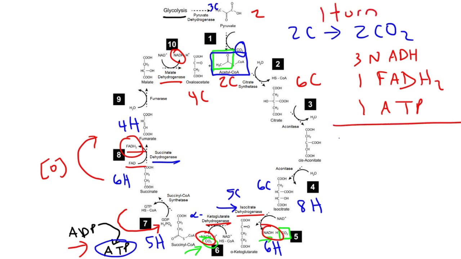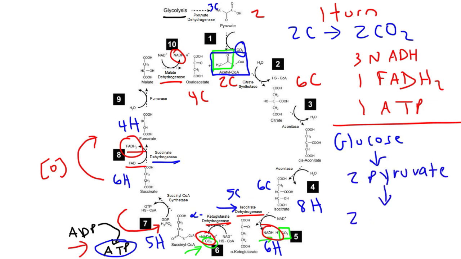Now, glucose will generate 2 pyruvate molecules, which turns into 2 acetyl-coenzyme A molecules. So one glucose molecule is equivalent to 2 turns of the Krebs cycle.